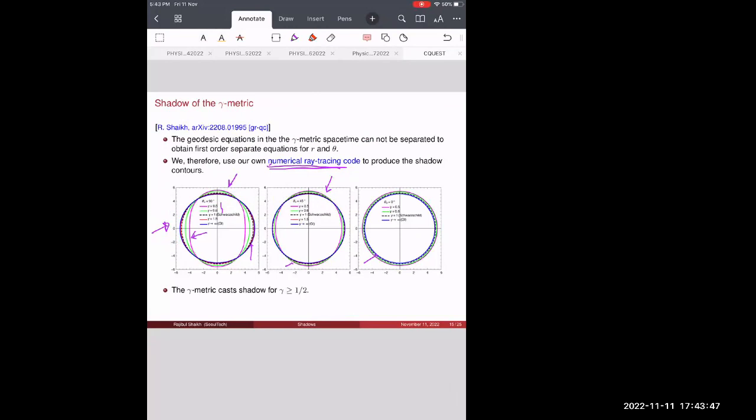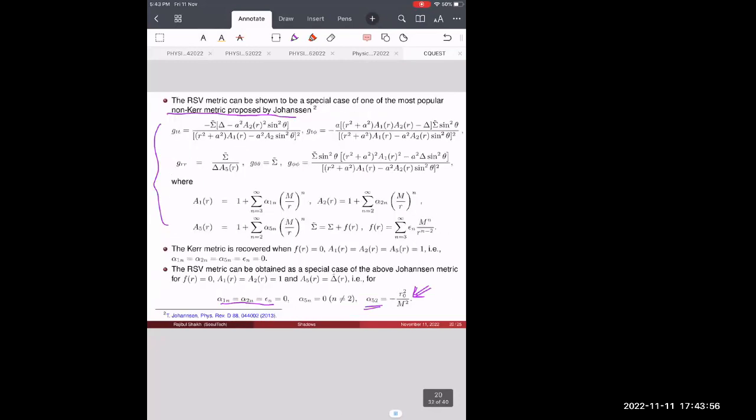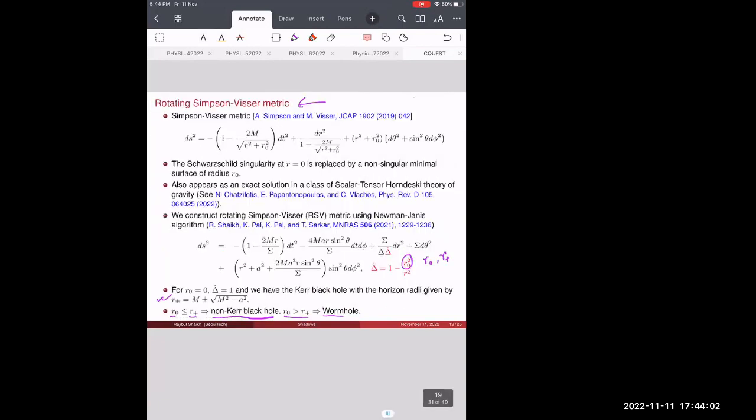However, the other mimicker, the rotating Simpson-Visser, is definitely not a vacuum solution in GR.